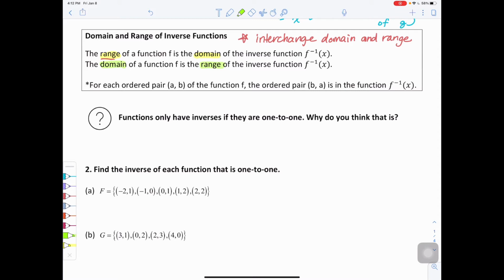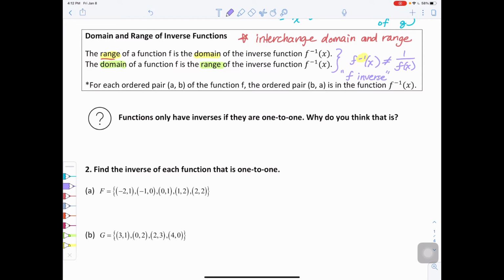Let's talk about this notation here. F inverse of x is not equal to the reciprocal of f of x. This is just a notation. It almost looks like a power, but it really is a superscript of negative 1. This means f inverse. It is not the reciprocal.